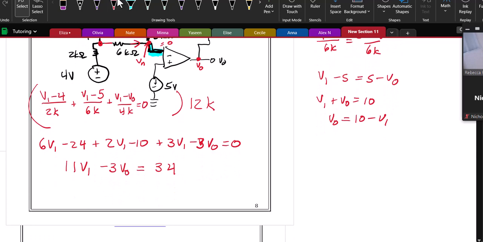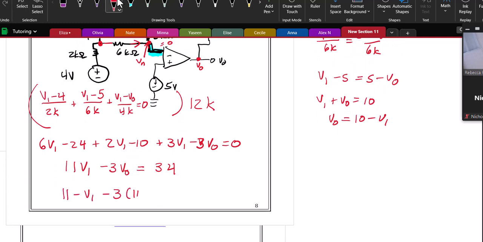V out is 10 minus V1, so 11 minus V1 minus 3 times 10 minus V1 equals 34. 11 minus V1 minus 30 plus 3V1 equals 34. 2V1 equals 64 minus 11, 53, that's not right.